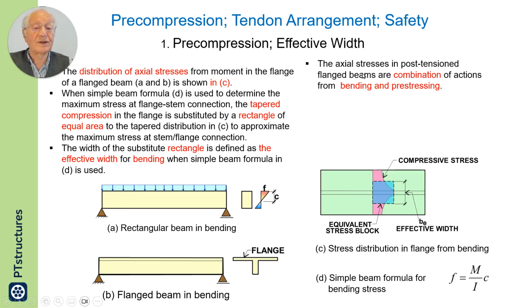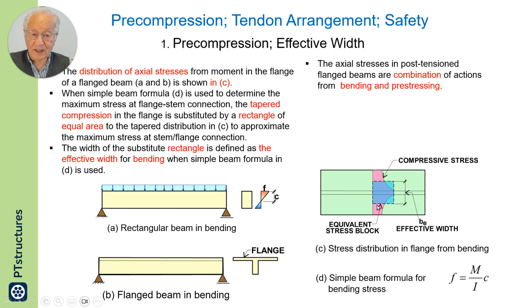The axial stresses in post-tensioned flanged beams are a combination of actions from bending and prestressing. Now, coming to post-tensioning, the story is a little different because the stress is a combination from two sources, not like in pure bending.